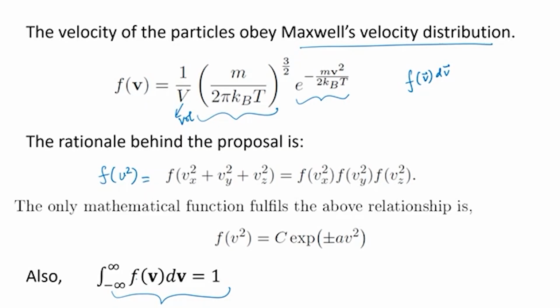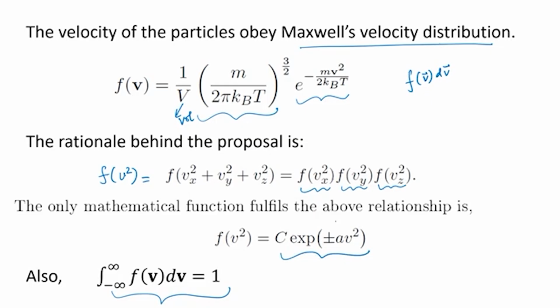Once again, coming back to this point, f of v_x square, f of v_y square and f of v_z square are independent of each other, and the only function that would satisfy such a product relation is an exponential, either plus or minus.